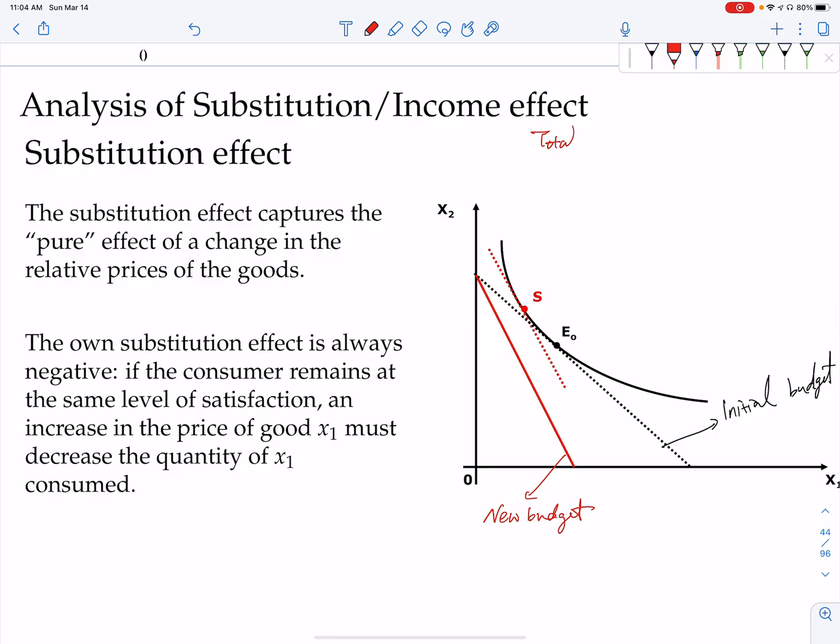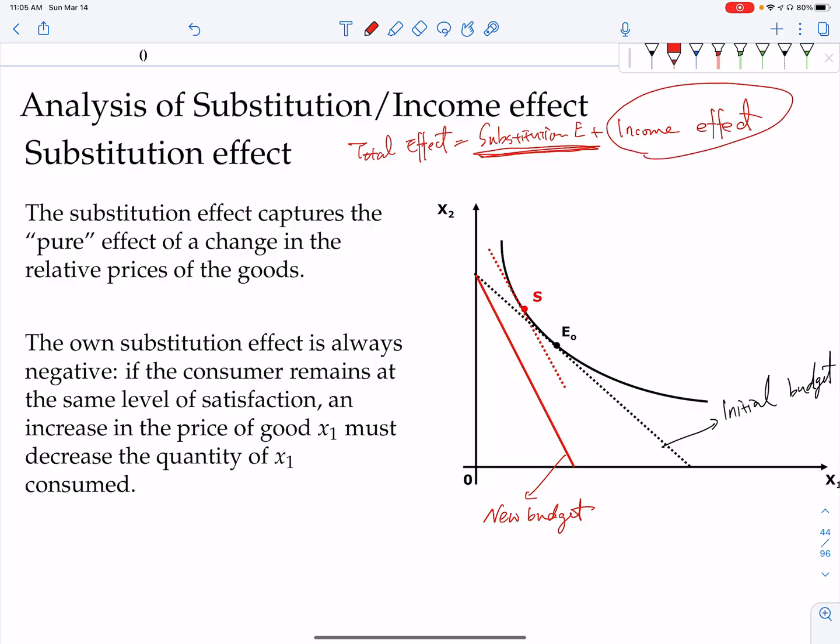Because the total effect is the substitution effect plus the income effect. So to describe the substitution effect, I'm going to eliminate the income effect from the total effect.